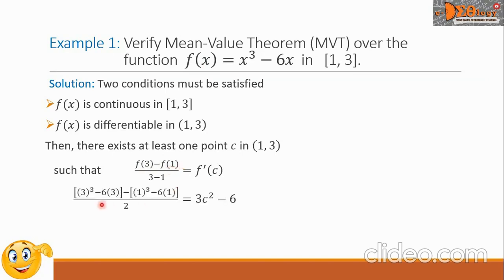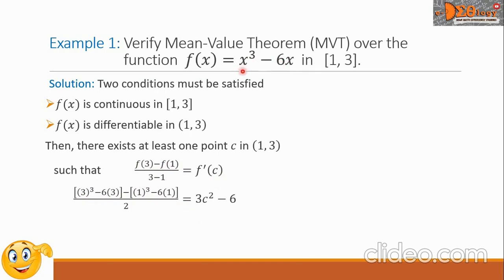Evaluating now, f of 3 becomes 3 cubed minus 6 times 3, minus the f of 1. Our f of 1 now is 1 cubed minus 6 times 1, all over 3 minus 1, which is 2, is equal to the right side, f prime of c.